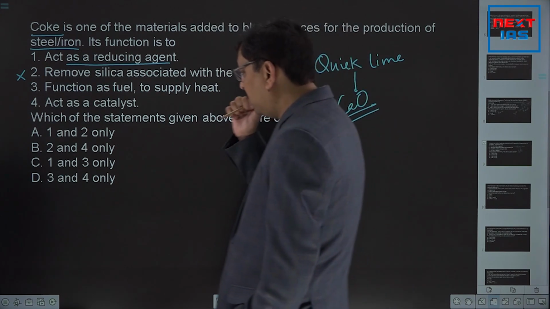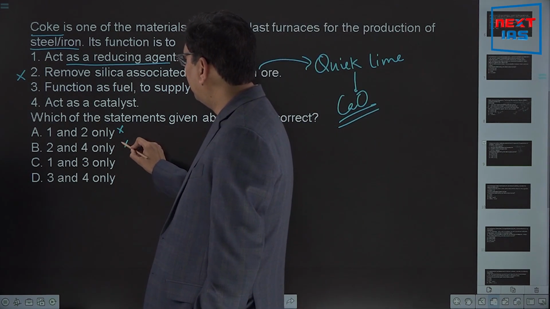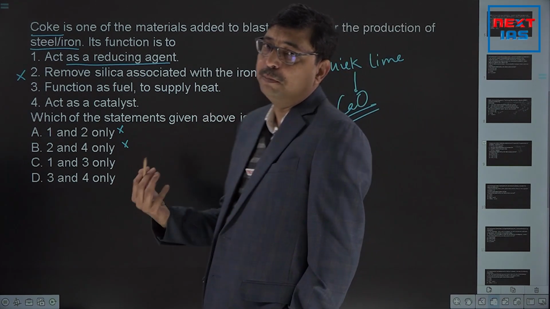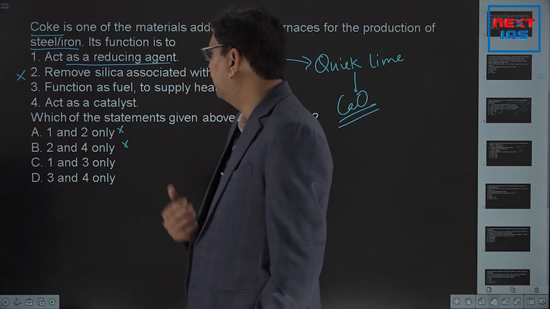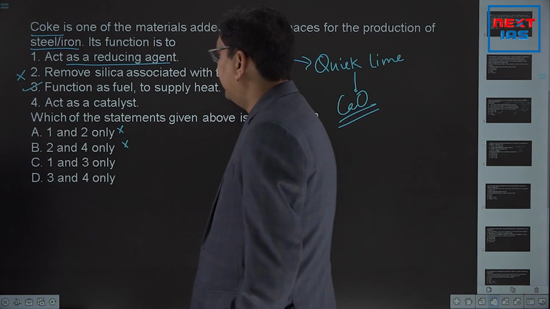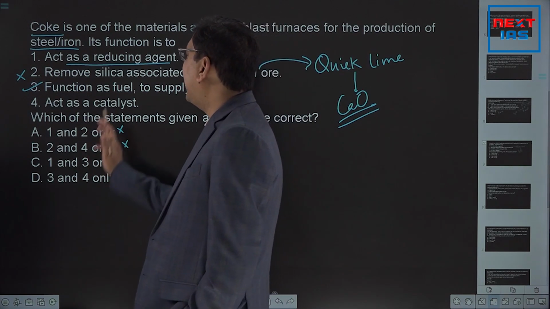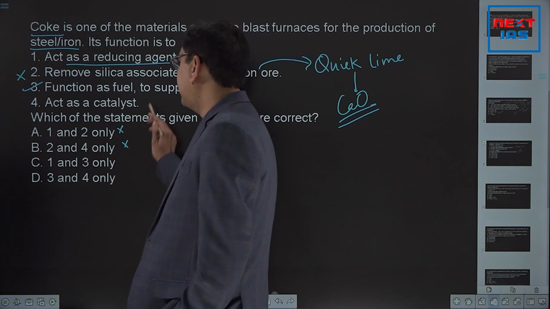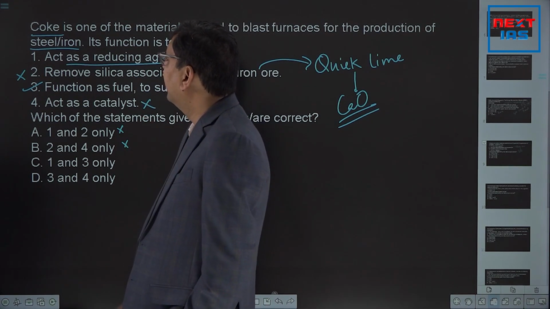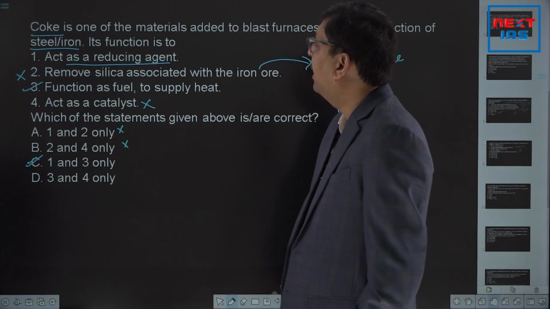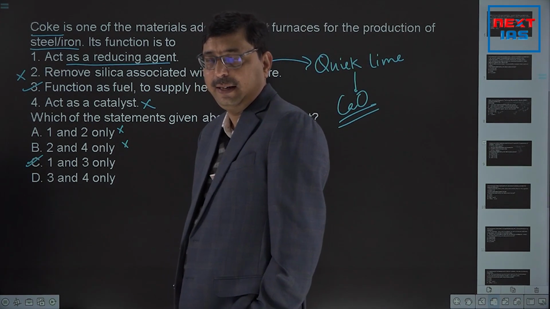Now if statement 2 is wrong, then these two cannot be the answers. Function as a fuel, yes, coke burns, it's carbon, it is one of the good fuels. To supply heat, yes, statement 3 is correct. Now act as a catalyst, no, coke is not a catalyst, we add different substances as the catalyst, so this is incorrect. Here the answer is C, that is the third point. 1 and 3 are incorrect.